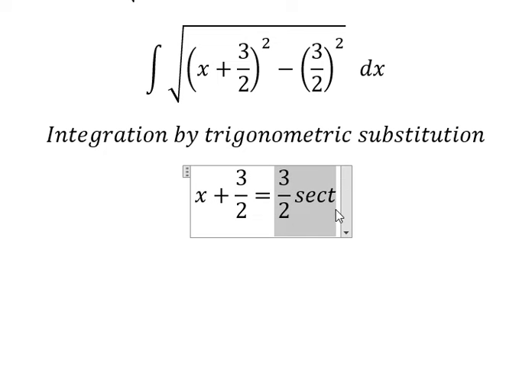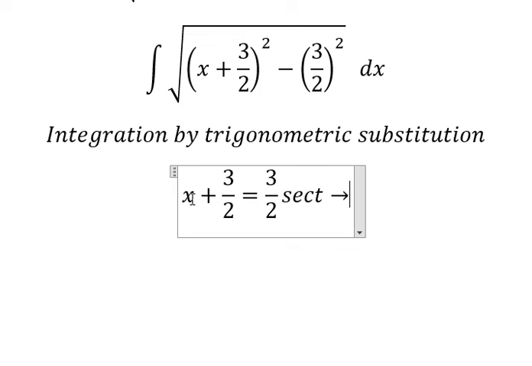Because if I put this one go in here, we have 3 over 2 square secant of t square. 3 over 2 square, we can do about factorization. Secant of t square minus 1, we change tan t square. And later that we simplify by ds.